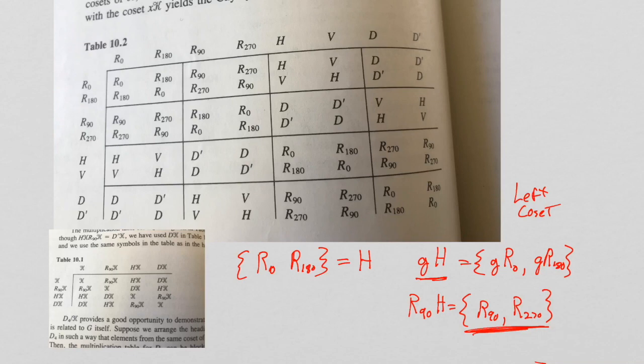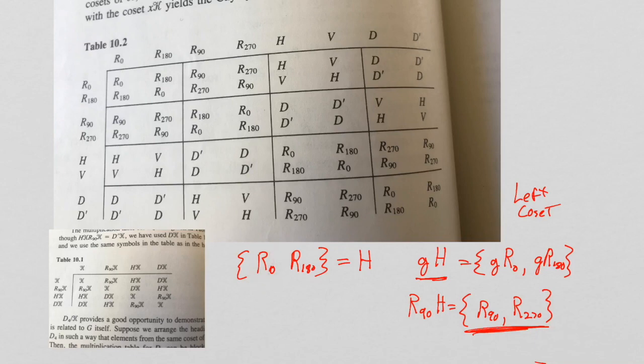It's a subset of the group, but it's certainly not a subgroup, and you can immediately tell because it doesn't have the identity, right? And R90, you don't have the inverse for R90. Well, you do have the inverse. R90 times R270 is in fact the identity. So R270 and R90 is it. Yeah, so you do have the inverse elements, oddly enough, but you don't have the identity, so it's not a subgroup.